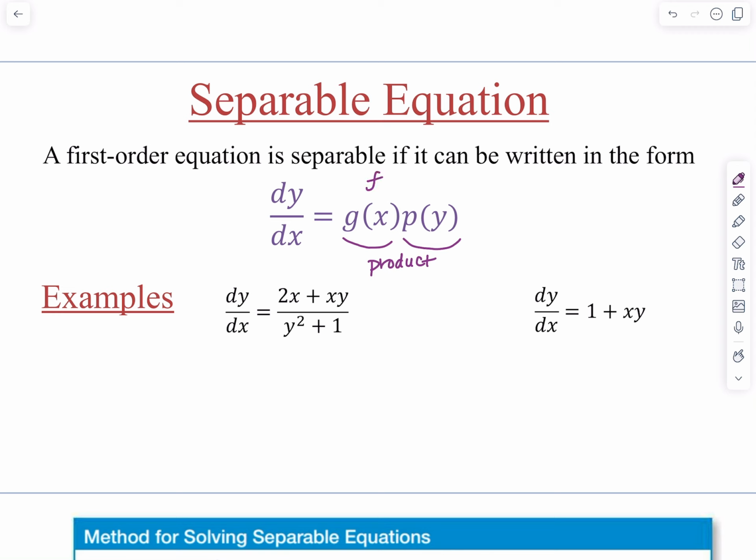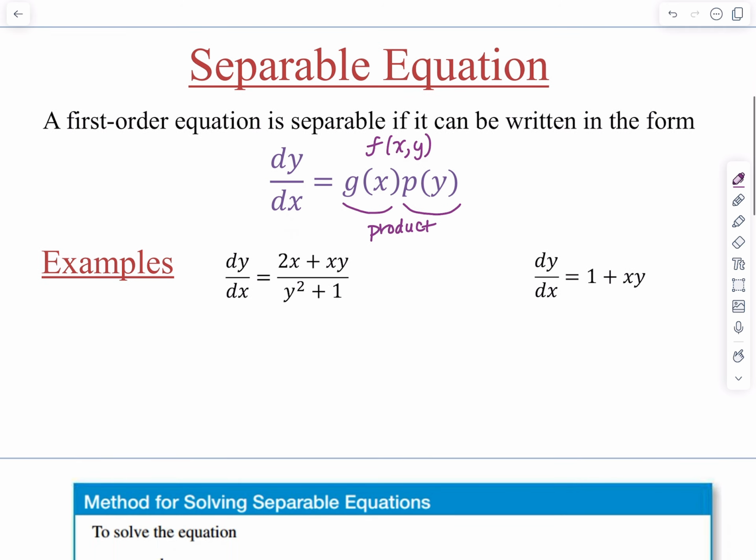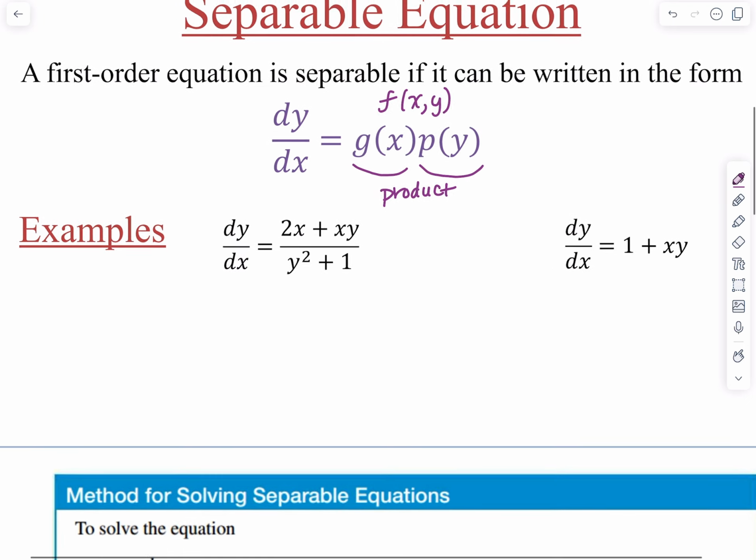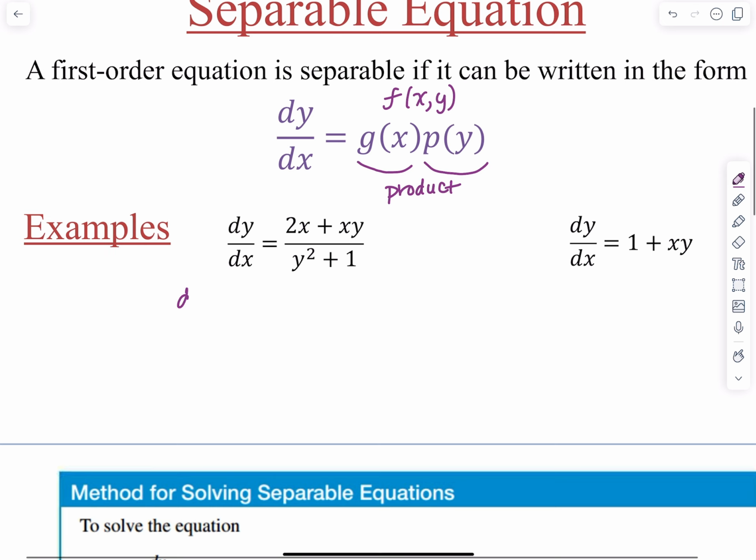And as we have talked about in the past, we defined dy/dx as a function of variables x and y. So if we can write that differential equation as a product of those two functions, then it is separable. Let's take a look at this first example, dy/dx, and we'll go ahead and factor an x out of that numerator.